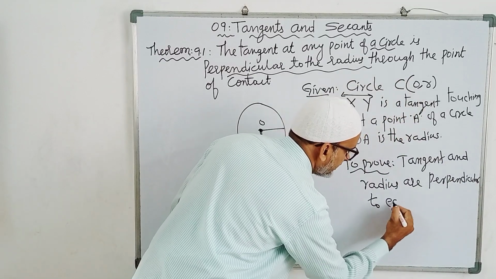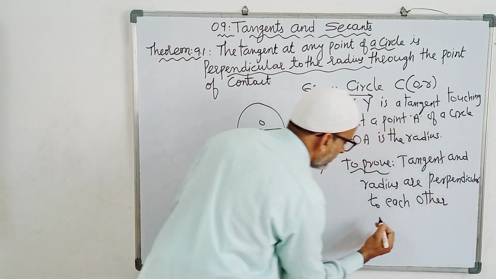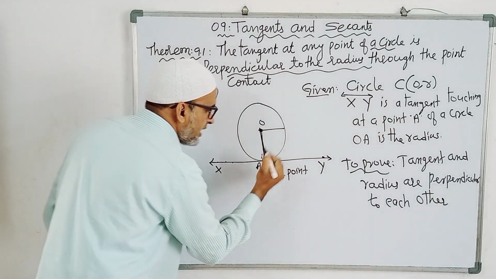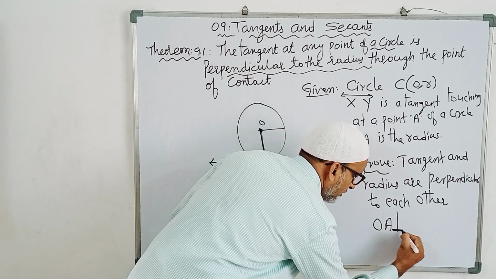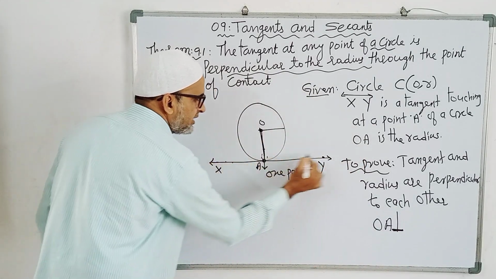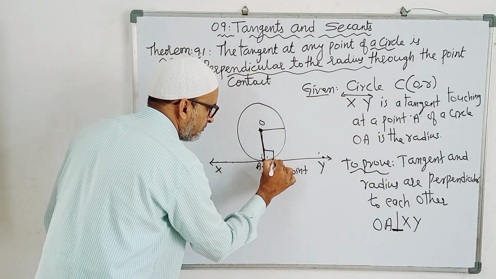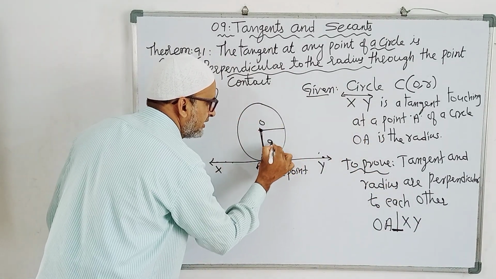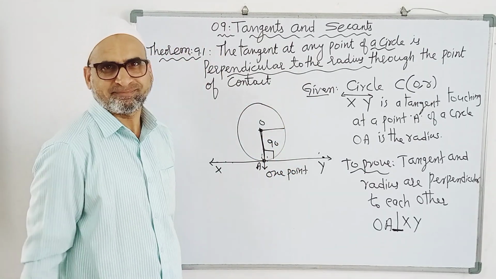Perpendicular to each other. This is the meaning. That much only. Means what? OA is the radius, is perpendicular, symbol of perpendicular, to the tangent XY. Means relationship between radius and tangent is perpendicular. That is the meaning of this theorem.